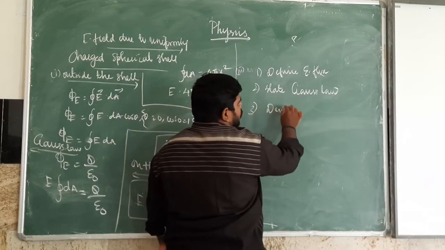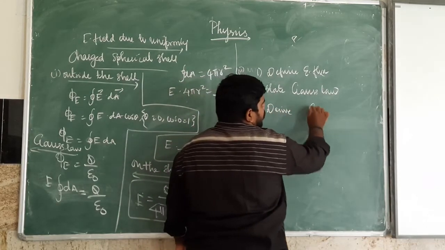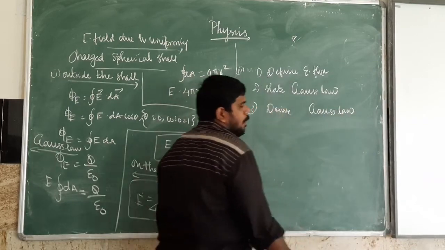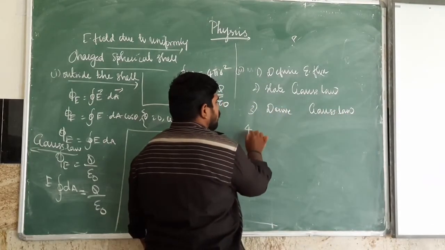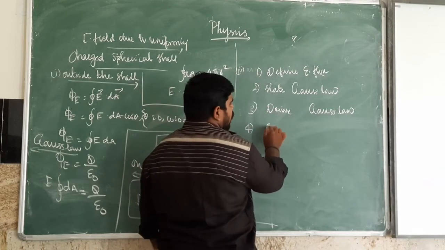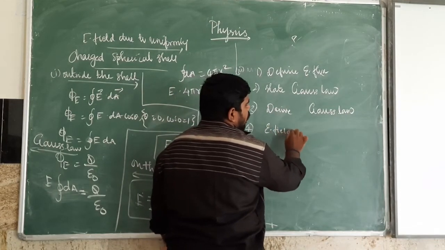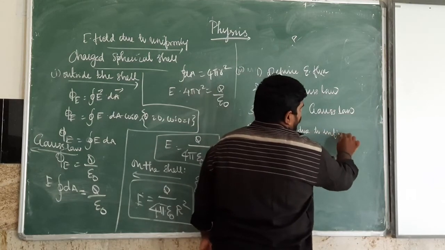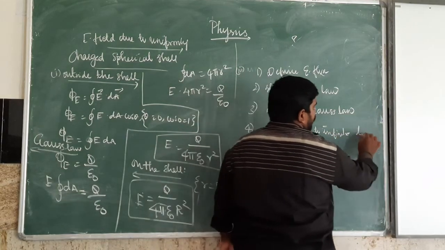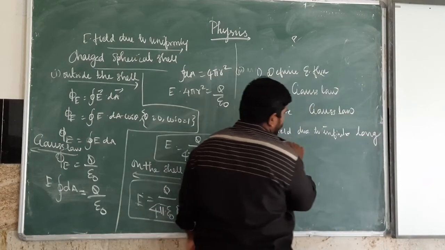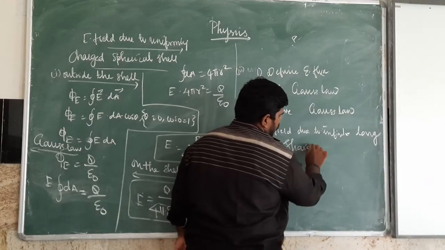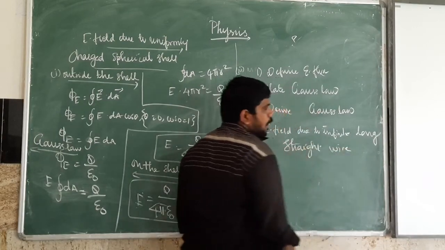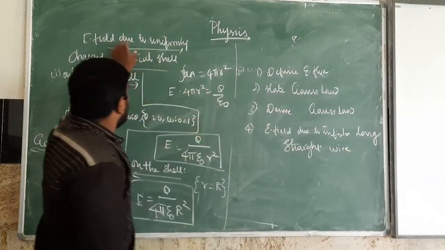Derive the expression for Gauss law, which will be a 3-mark question. Then the fourth one is a 5-mark question: derive the expression for electric field due to an infinite long straight wire.